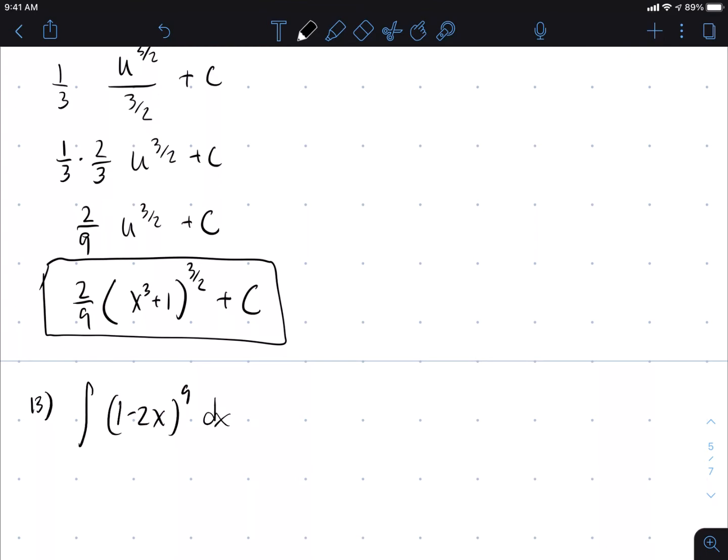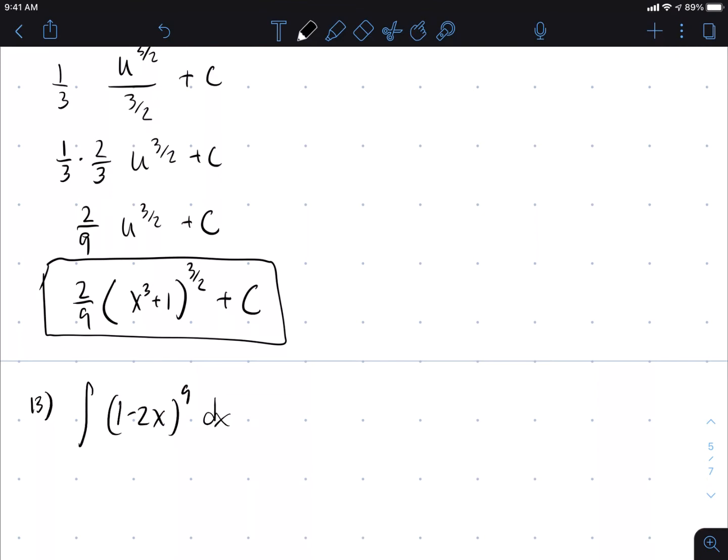We could expand it and then have an integral that had God knows how many terms to it. We could use the binomial theorem to do the expansion. Thank God there is another way. Are you ready? The internal function here is 1 minus 2x, correct?